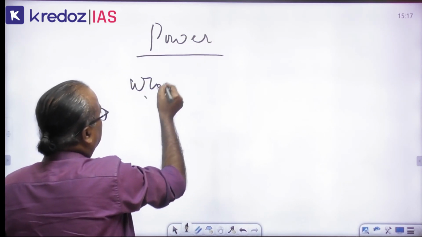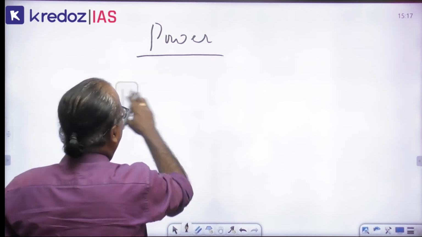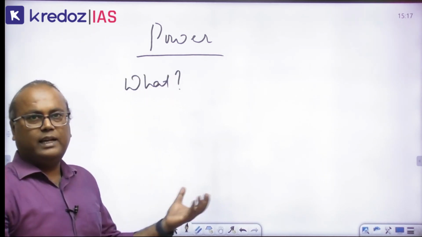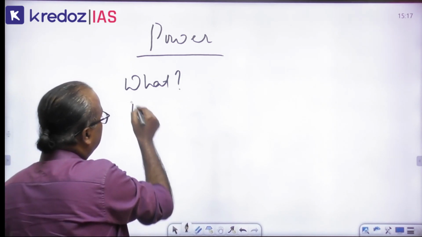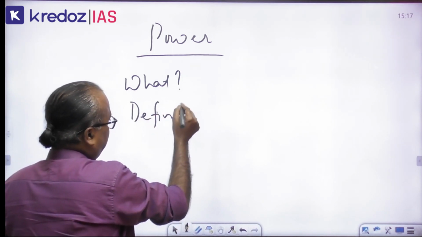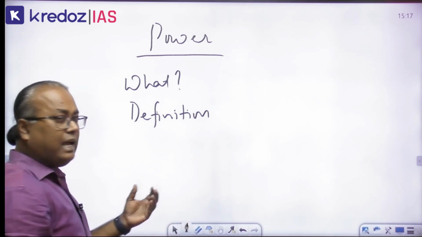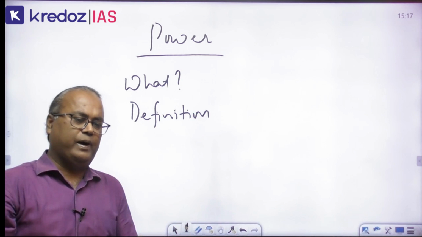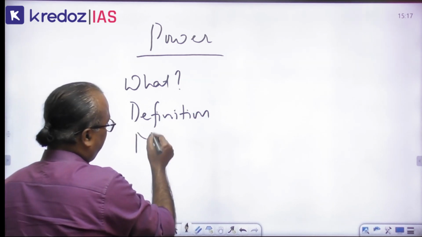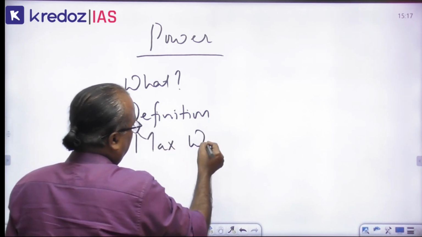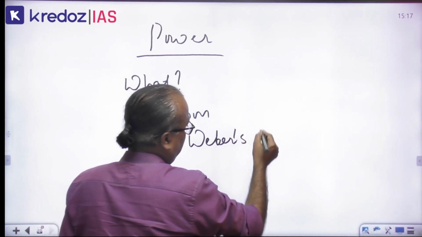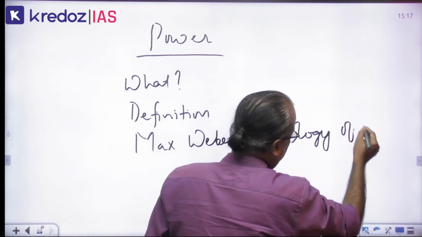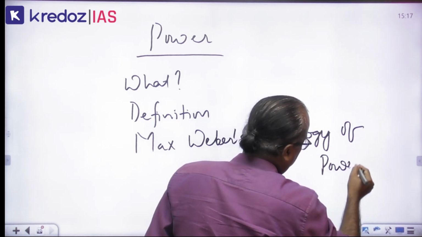Now the main thing is that as far as power is concerned, power is what? Then the definitions, and another important part is Max Weber's typology of power.